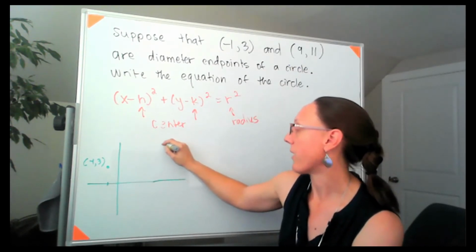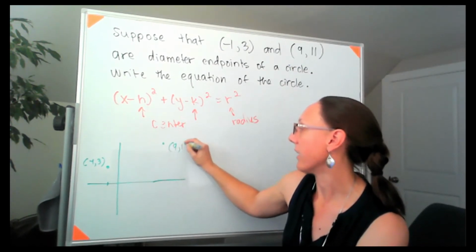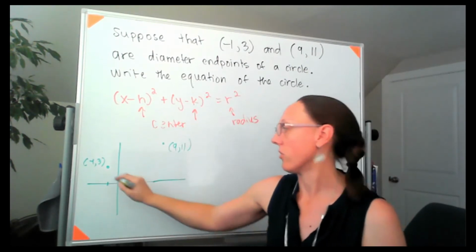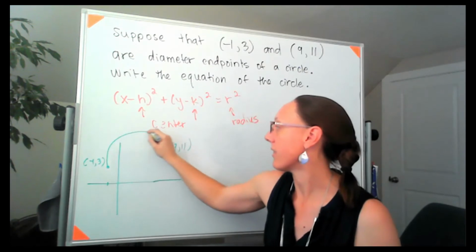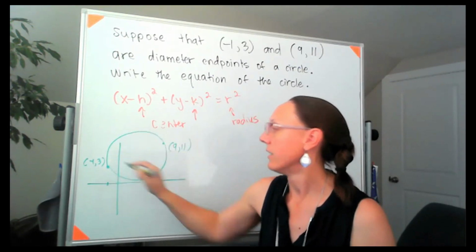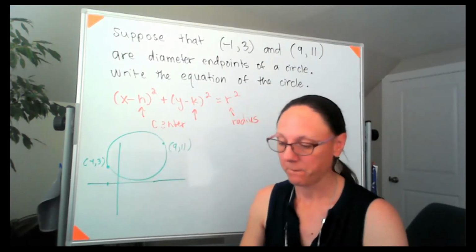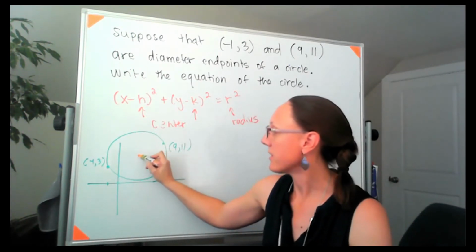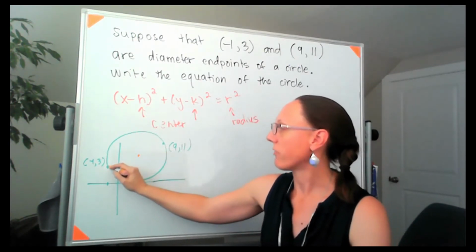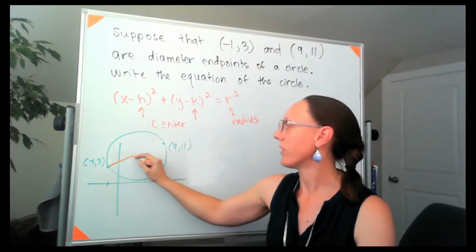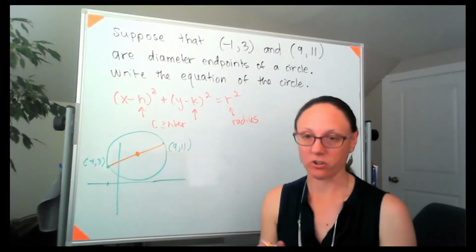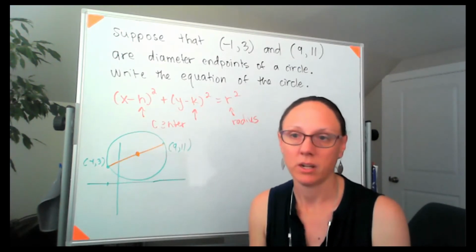So somewhere out here, we're just going to call that (9, 11). And if those are diameter endpoints of the circle, then my circle kind of looks like this. Which makes my center somewhere in here. So if I were to draw a line between (-1, 3) and (9, 11), the center of my circle would be right there.